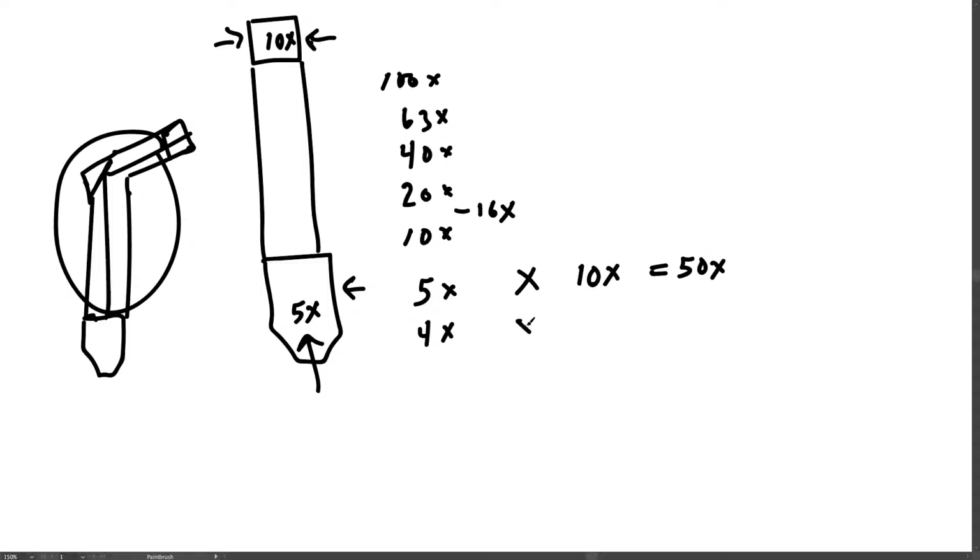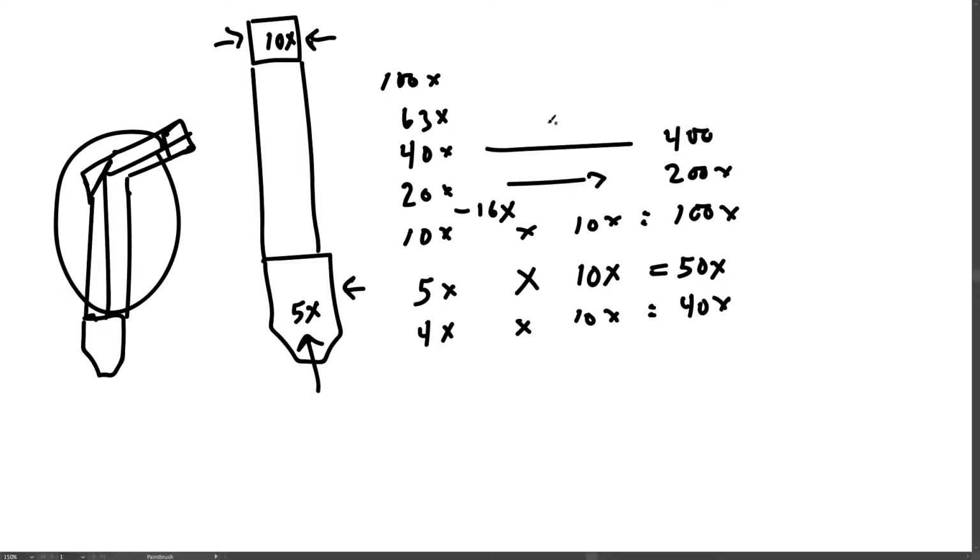Obviously, if it's 4x, it would be 40 times. 10x would be 100. 20 would be 200. 40 would be 400. 63 would be 630, and finally 100 would be 1000x. So 1,000 times the size of whatever the sample happens to be.